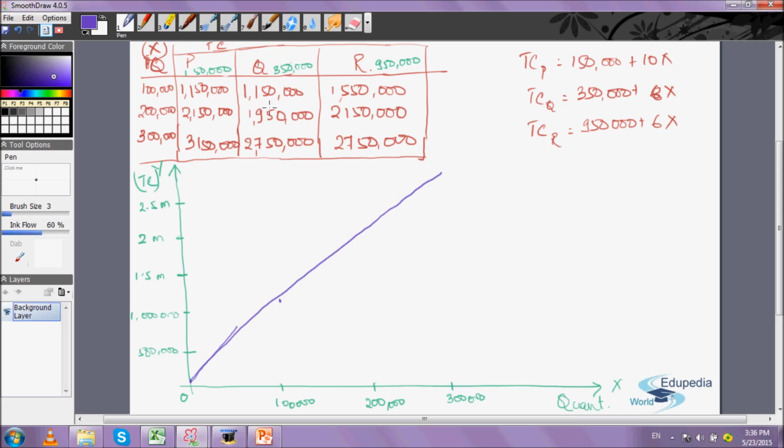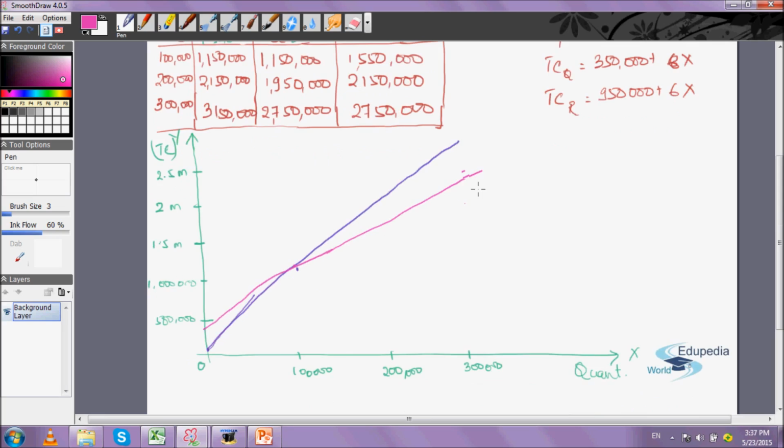In the same way, the second one, that is for Q, the line would be starting at 350, which is again somewhere over here. Let me take a different color for this. 350 would be here, and then it will be meeting X at this point. Okay, it will cross over and go to the other side.